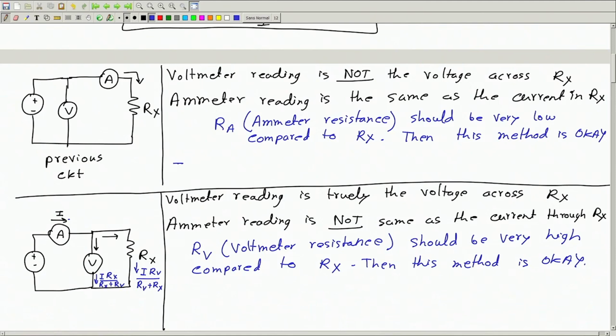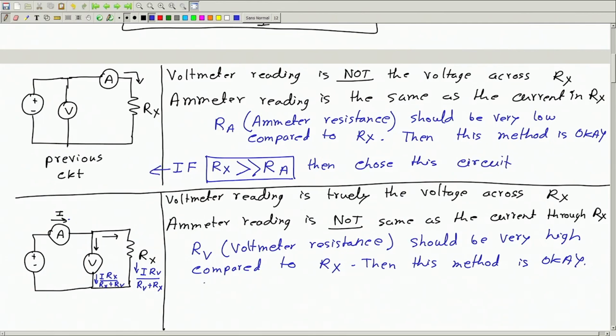So if Rx is much higher than RA, then choose this circuit, because then the voltage drop across the ammeter is much lower compared to the voltage drop across this resistance.